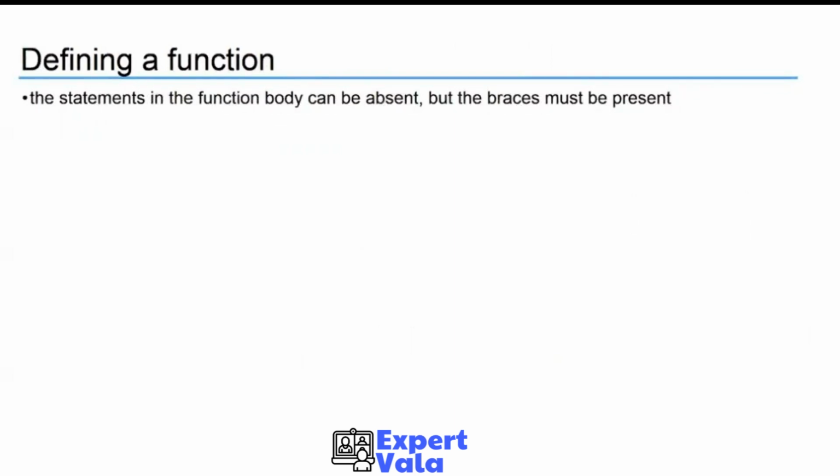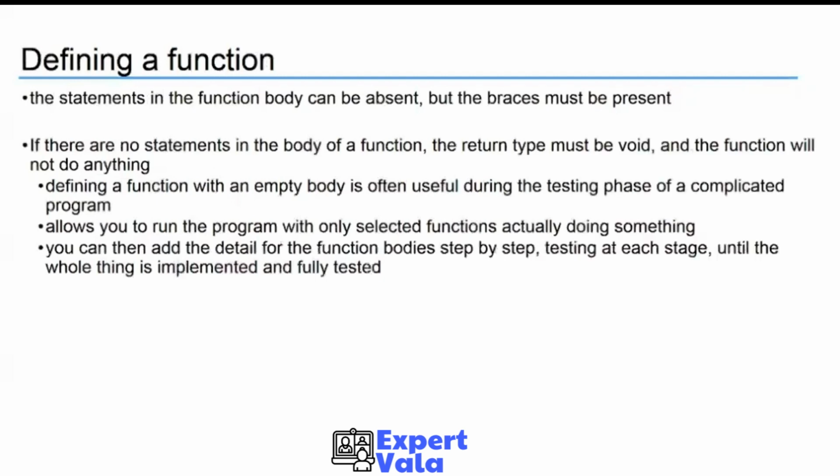So you don't have to actually have any implementation, but you have to have the braces for a function to be there. If there are no statements in the body of a function, the return type has to be void. Again, we will focus on this later, and the function will not do anything because you have no implementation.